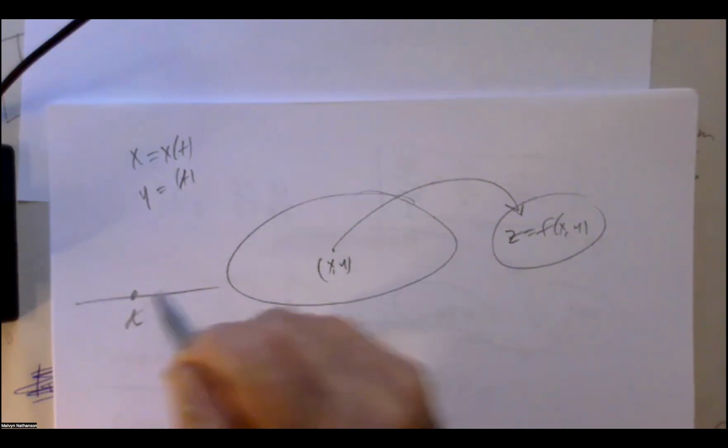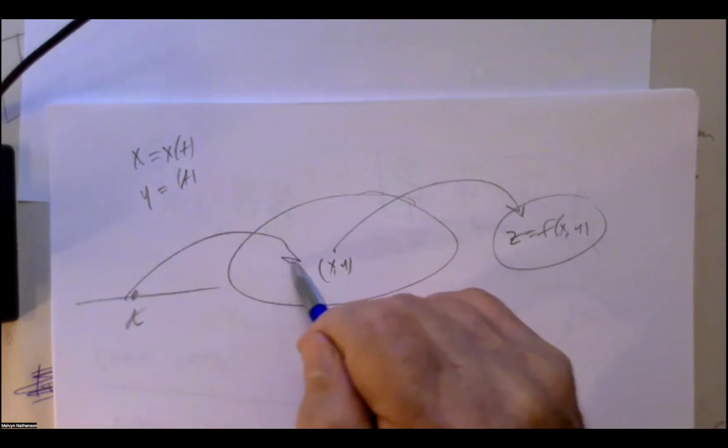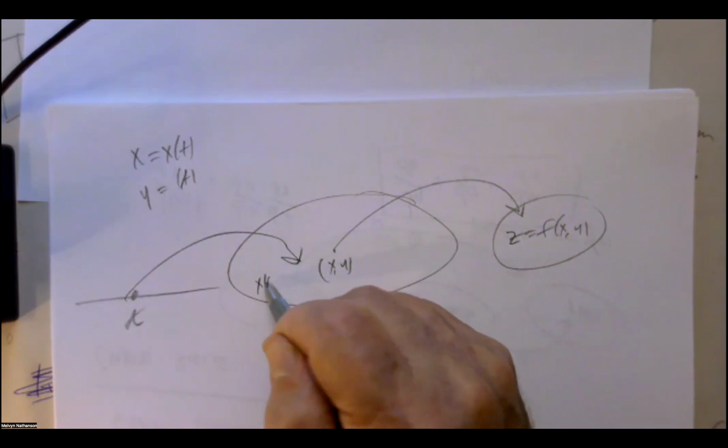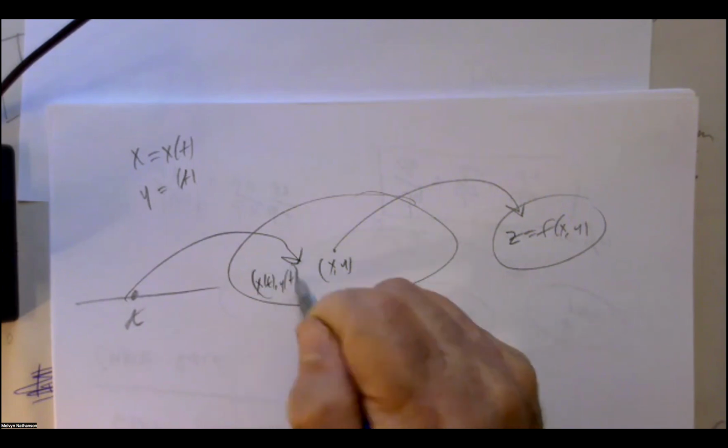So on the number line, if you had a point t, you could send it to the point xy, which is really x of t, y of t.